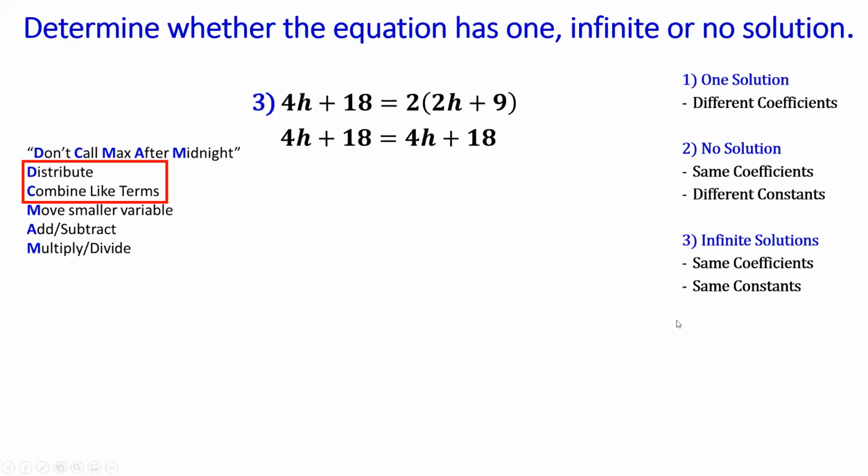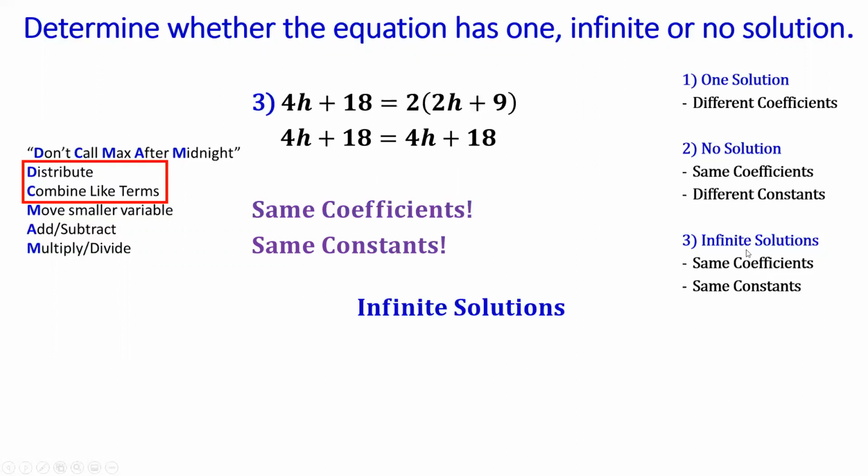We can now classify. I notice that the coefficients are exactly the same, they're both 4s. And the constants are the same, they're both positive 18. The left side is exactly the same thing as the right side. This is what we would classify as infinite solutions, or we can call it infinitely many solutions. And that's all you have to do for number 3.